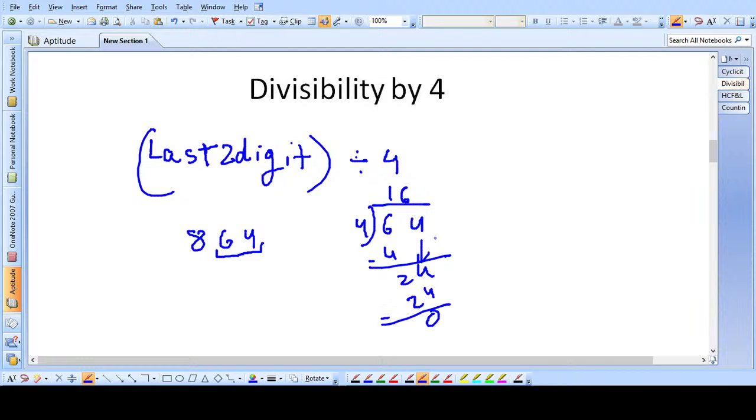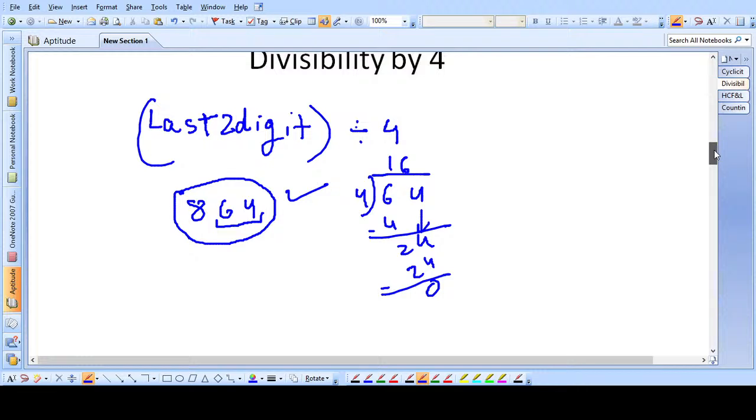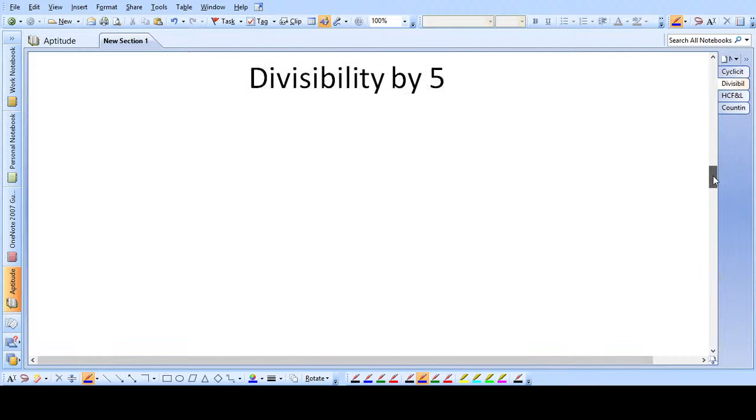Okay, so completely this number is divisible, hence 864 is divisible by 4. Just remember the concept, okay: only the last two digits you have to check. Okay, so let's go to the next section, divisibility by 5.